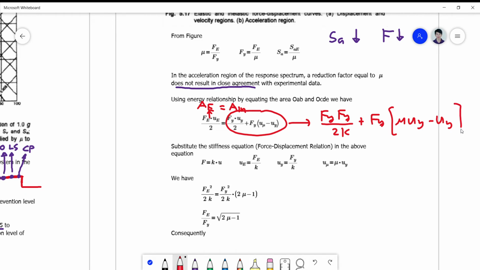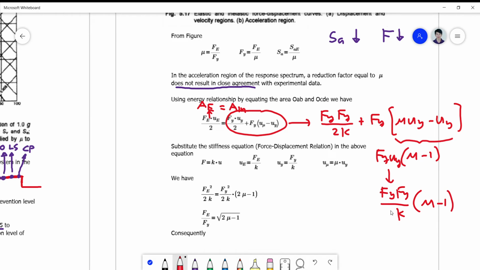Okay. So this part here becomes mu minus 1. So this will become Fy uy. Okay, but uy is Fy over k. So this becomes Fy over k times mu minus 1.